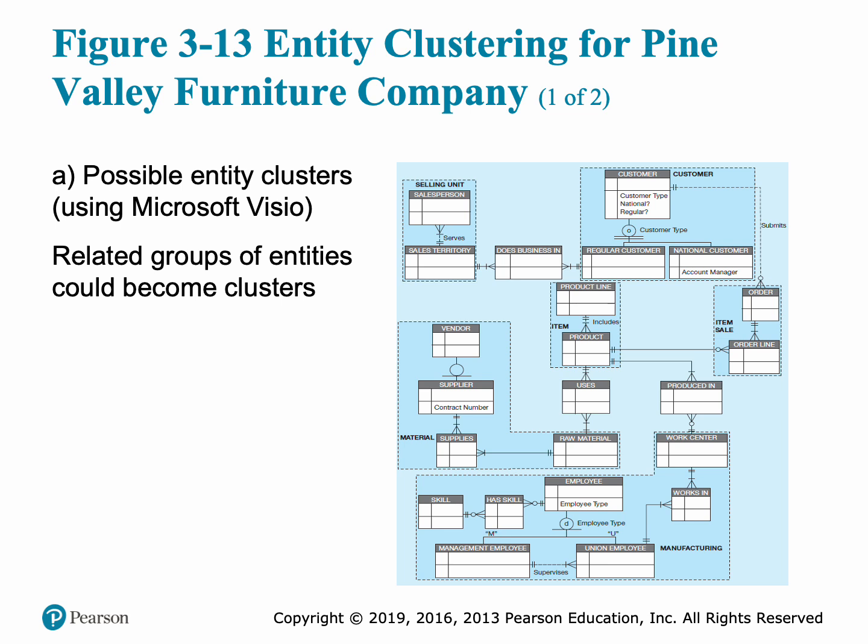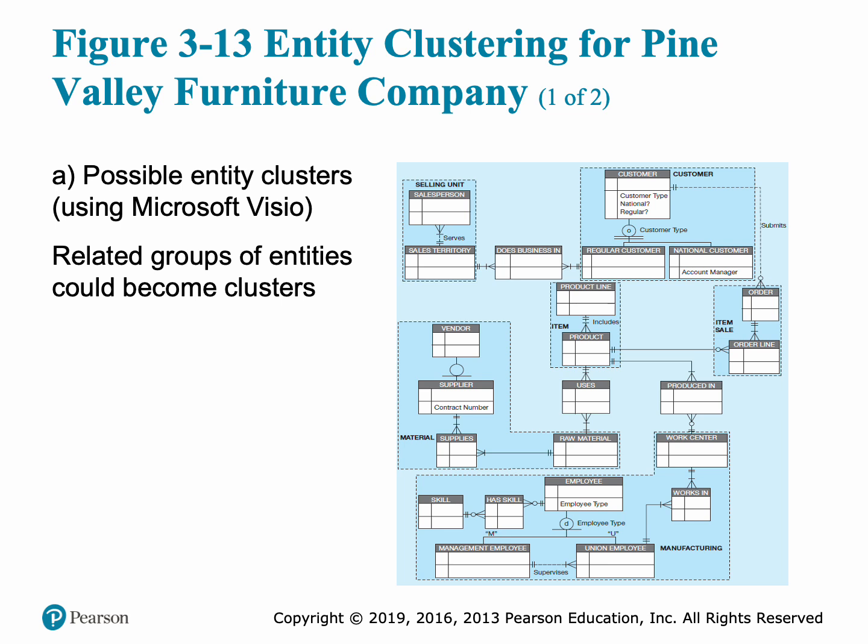It has selling unit, a customer, a product line in terms of item that belongs to a product line. It can be bedroom furniture, it can be drawing room furniture, it can be dining room furniture, it can be parlor furniture, and all that. It can be bookcases. Item sales has order and order line.